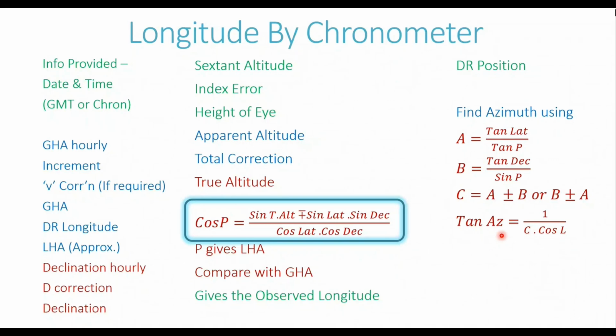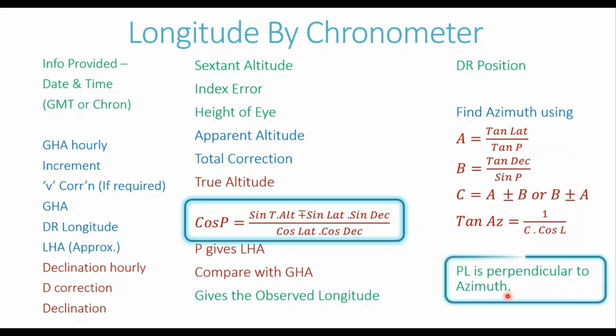This azimuth is in the quadrantal notation. We obtain the quadrant using the name of C and the value of LHA. Once the azimuth is obtained, we are aware that a celestial position line is always perpendicular to the azimuth of the body. So adding and subtracting 90 degrees gives us the direction in which the position line lies.